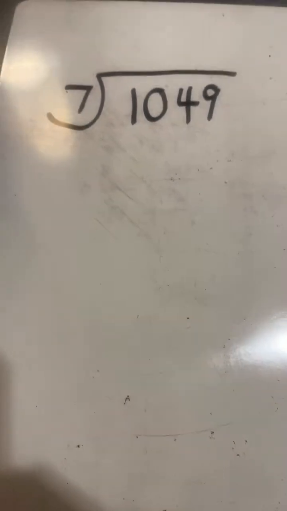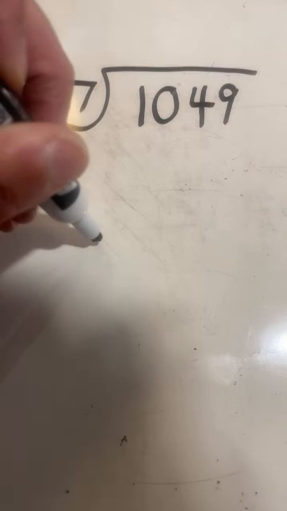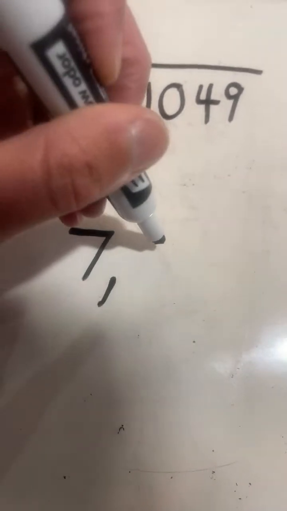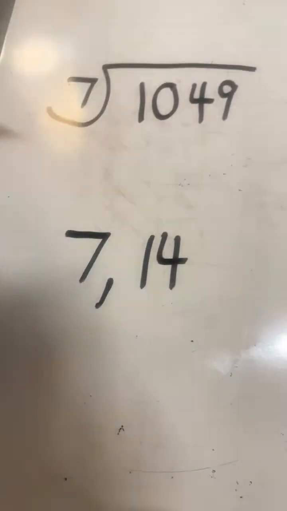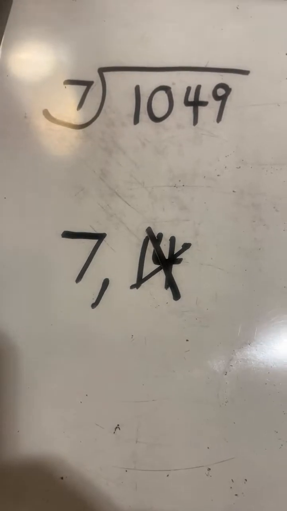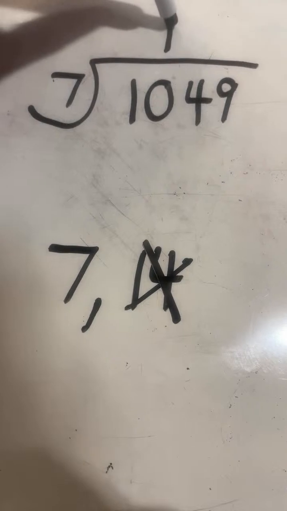We have to figure out how many groups of 7 go into 10. So we're going to skip count by 7s. 7, we have 1 group. 14, okay, now we're already too far. 14 is more than 10. So we were only able to get 1 full group of 7 within 10. 10 divided by 7 equals 1.